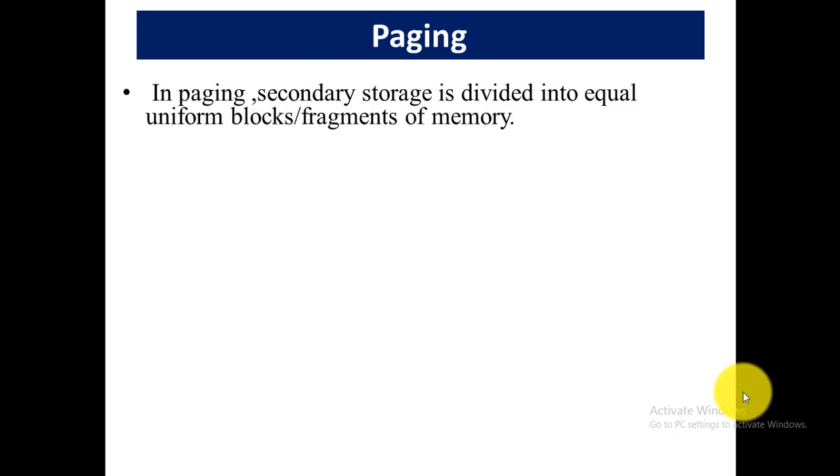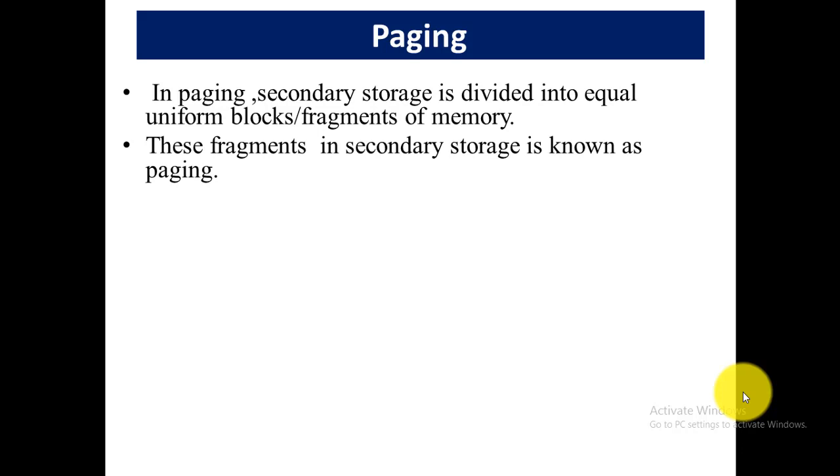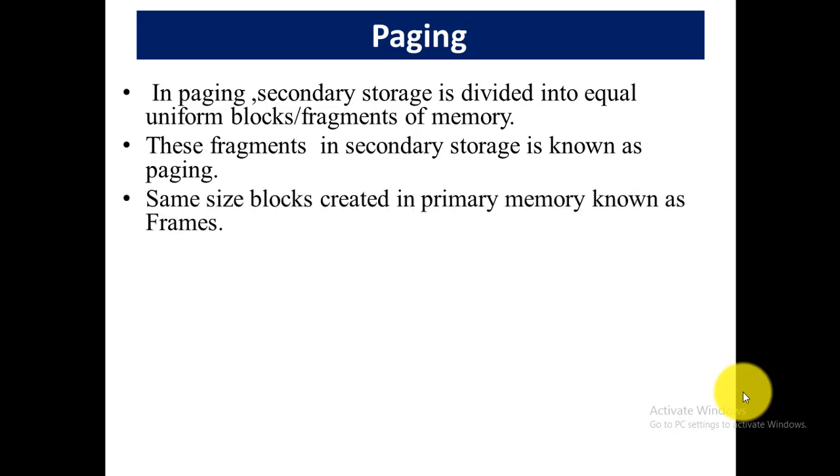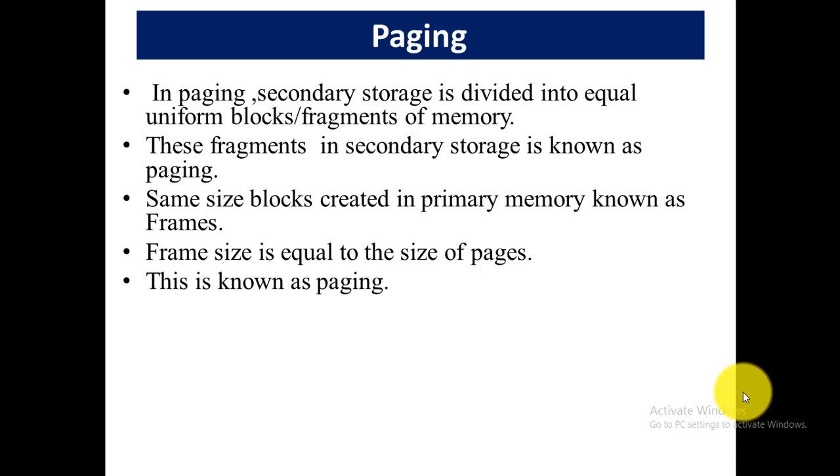In paging, secondary storage is divided into equal uniform blocks, fragments of memory. These fragments in secondary storage are known as pages, meaning all these uniform blocks in the hard disk are known as pages. On the other hand, same-size blocks created in primary memory, in RAM, are known as frames. Frame size is equal to the size of pages.